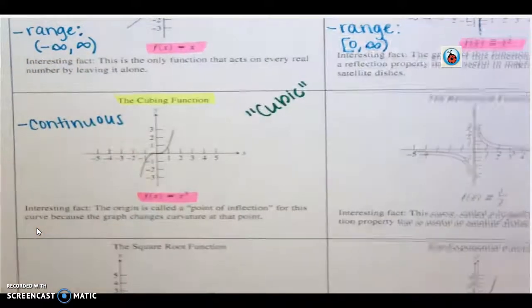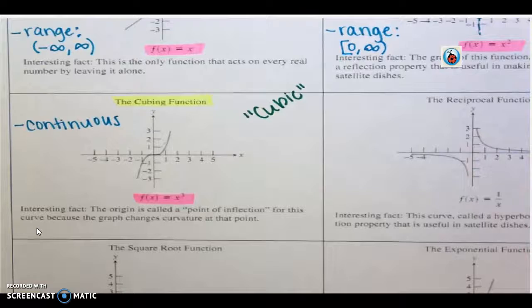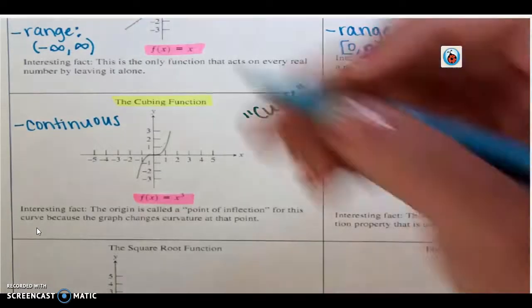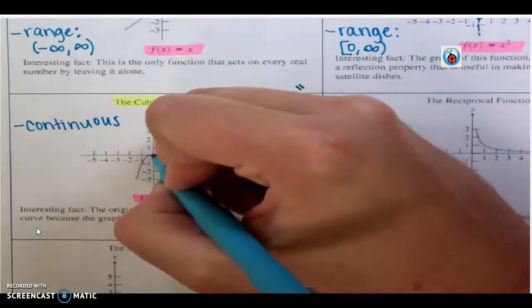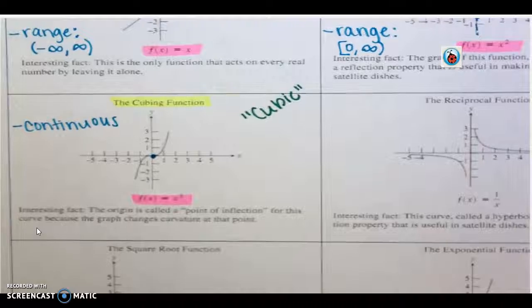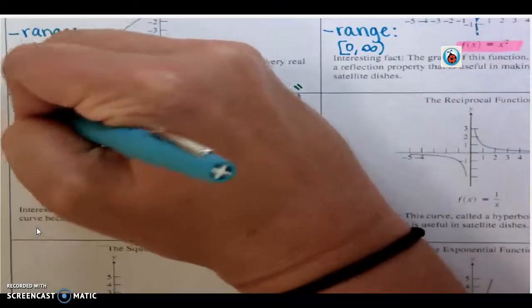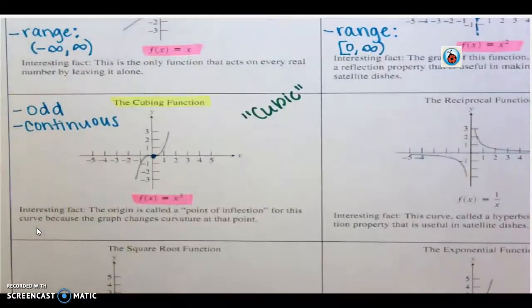Next we want to figure out if it's odd, even, or neither. This is symmetric about the origin, so it's going to be odd. And if you were to do the algebraic test, if we plug in a negative x, negative x to the third will stay negative. So it will be the opposite of what you started with, which makes it odd.